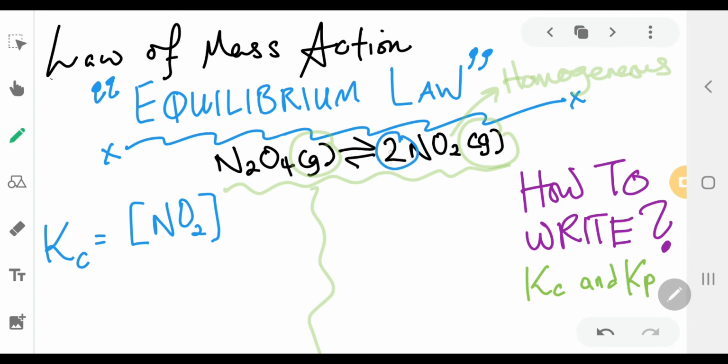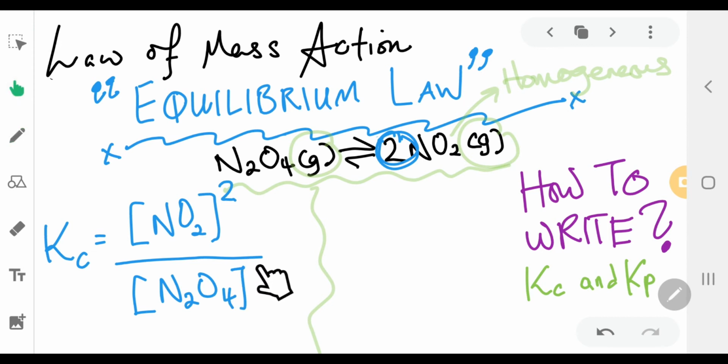So this number 2, you're going to write the power of 2, divided by concentration, square brackets, remember that, N2O4, you close that bracket, and now that one is to the power of 1, because for this reversible homogeneous reaction, we only have 1 mole of N2O4 decomposing to produce 2 mole of NO2 gas.